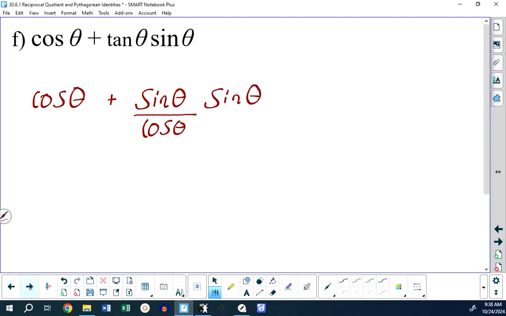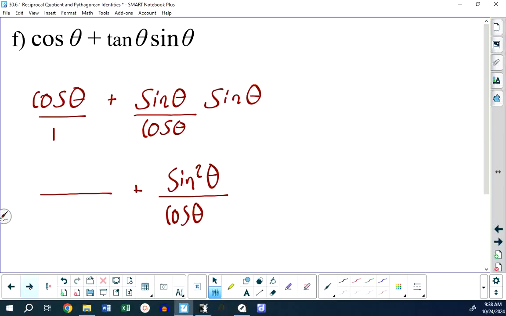I hope everybody sees what I've just done there. Already you're becoming more comfortable with tan of theta being sine over cos. So that means that I want a common denominator. The common denominator will be cosine of theta. And there's no need for us to keep writing sine of theta, it's sine squared.